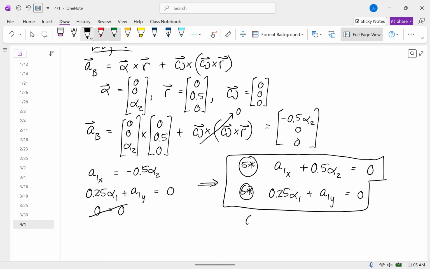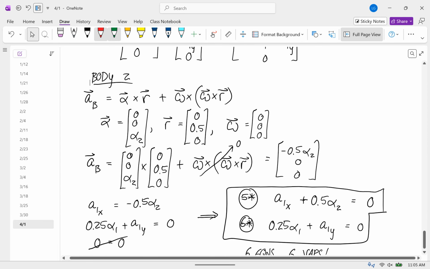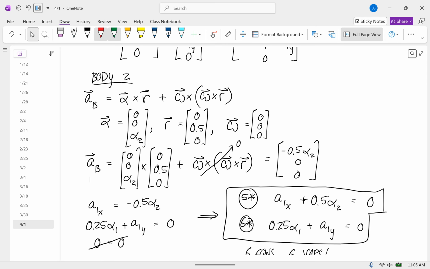To get to these equations, you set equal both accelerations of B relative to ground. So I took this vector and set it equal to this vector, and then I just rearranged it because we're going to use reduced row echelon form to solve this system.